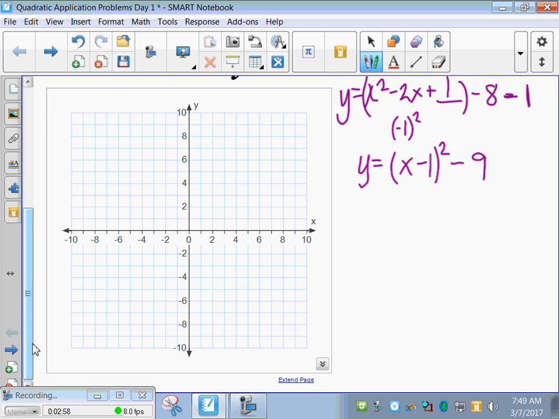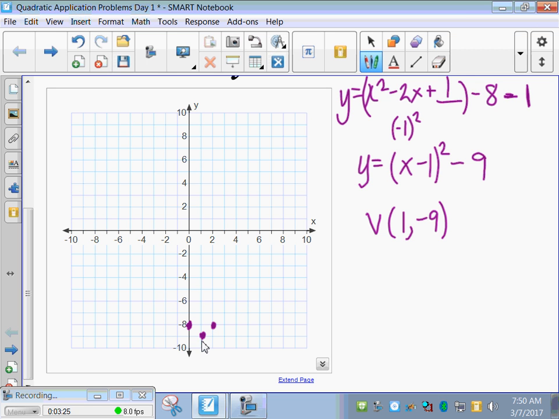So what's the vertex, you guys? Yep, 1, negative 9. Opposite here, same here. And we're going to graph it. So I'm going to go right 1, down 9. And from this point, go left 1, up 1. And right 1, up 1.